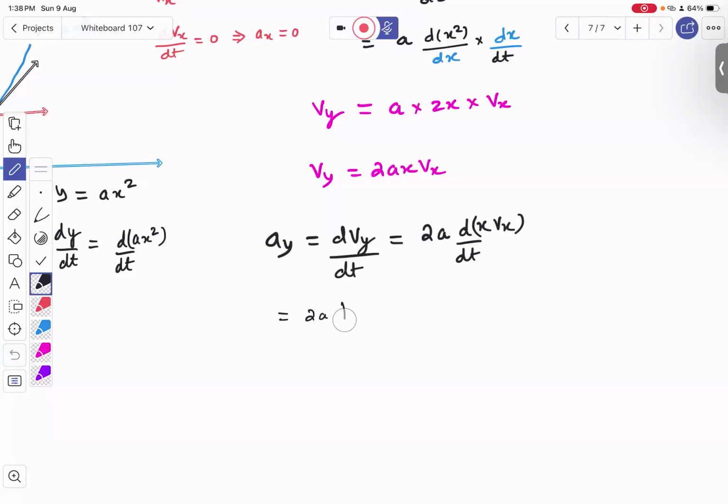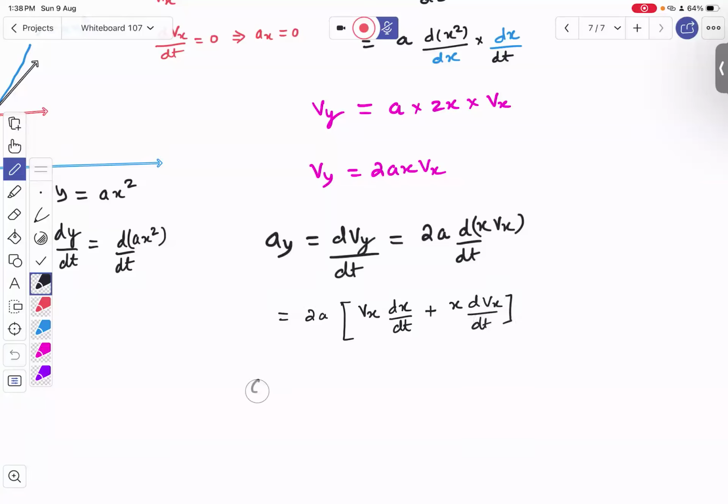In the product rule we keep one thing as it is and differentiate the other one. Suppose I keep Vx as it is, I differentiate x. Then reverse: we keep x as it is and differentiate Vx.